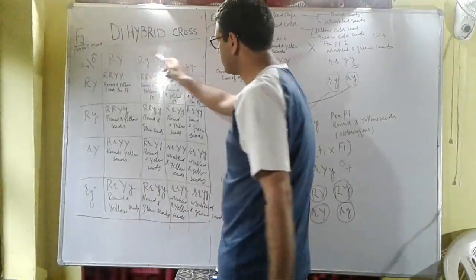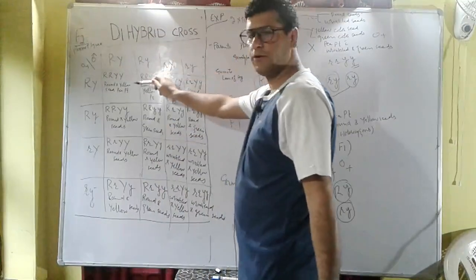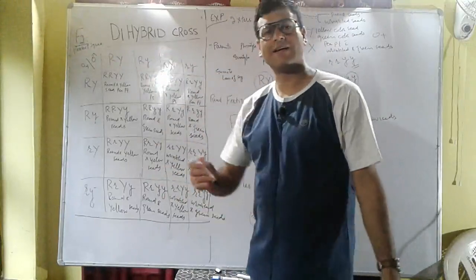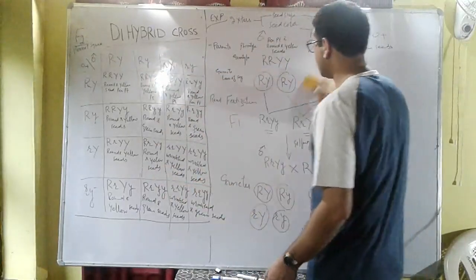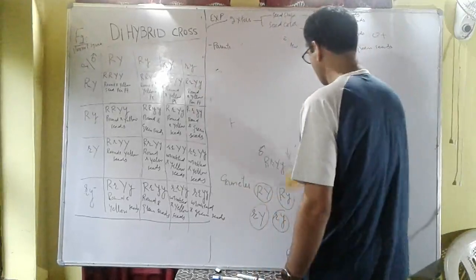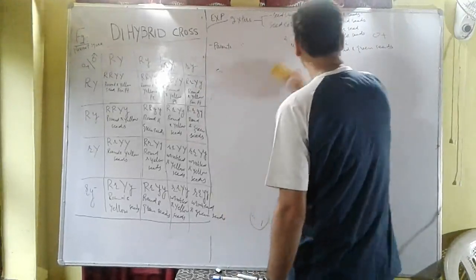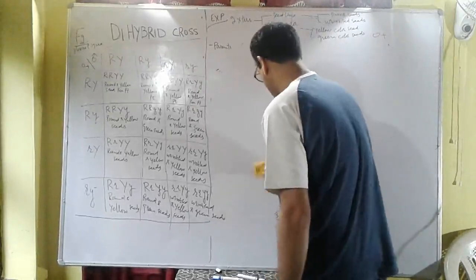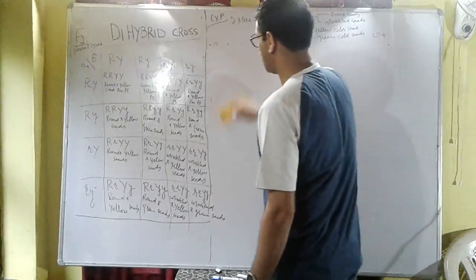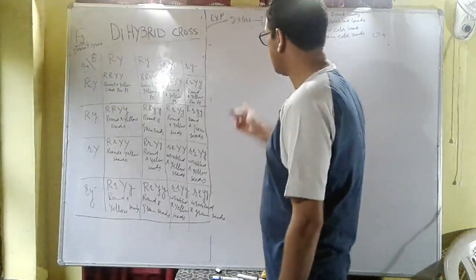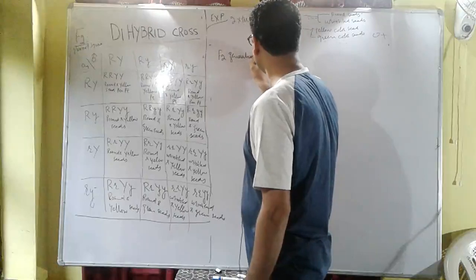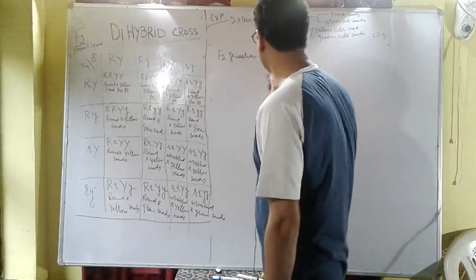From this cross, when we crossed F1 individuals, we got the F2 generation. Now we'll calculate the genotype ratio for this. In the F2 generation, what did we obtain?